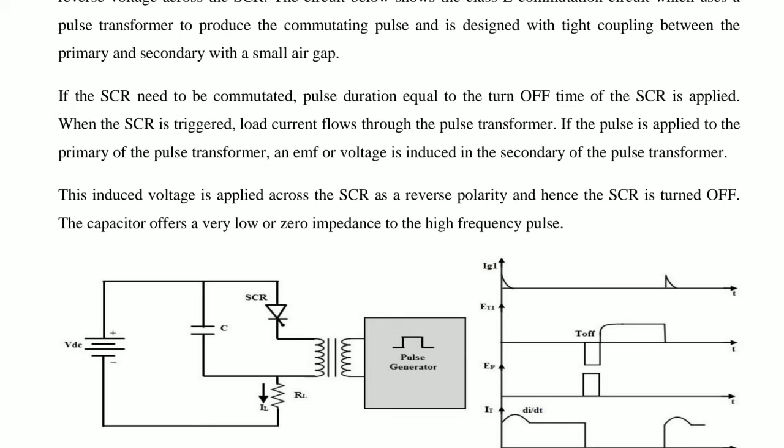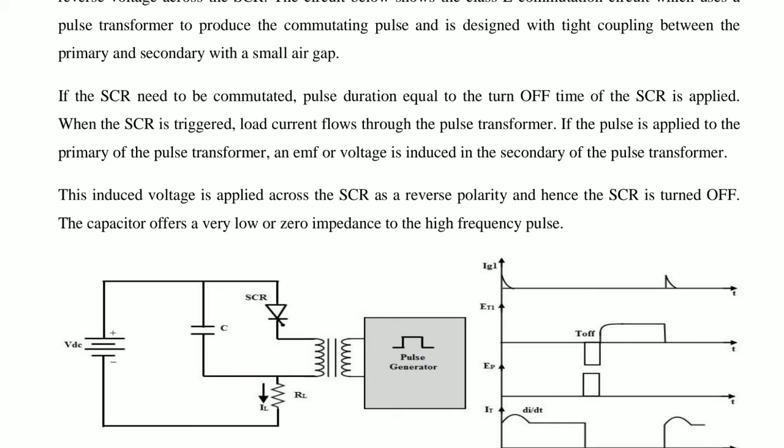If the pulse is applied to the primary of the pulse transformer, an EMF or a voltage is induced in the secondary. This is the basic principle of a transformer: if we supply the primary winding, then due to mutual induction the secondary will be energized.